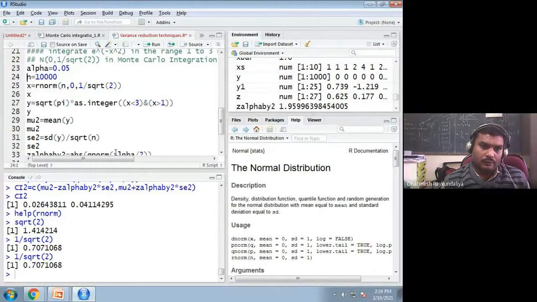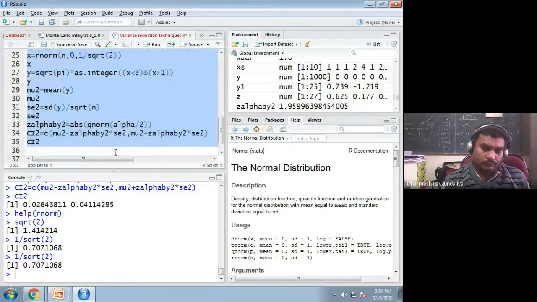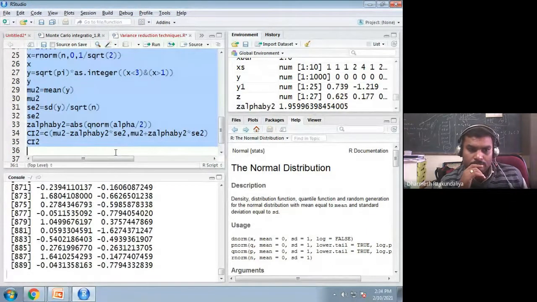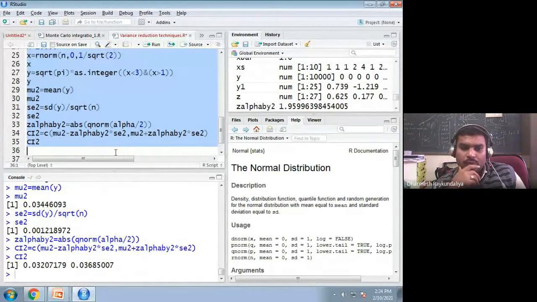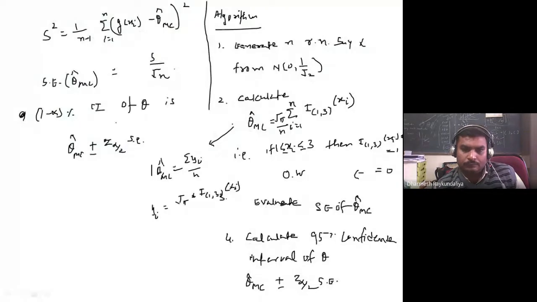Program is all well. There is no issue. Answer is very low. Generate n random variables which come from the normal with variance 1 upon root 2, that we did.